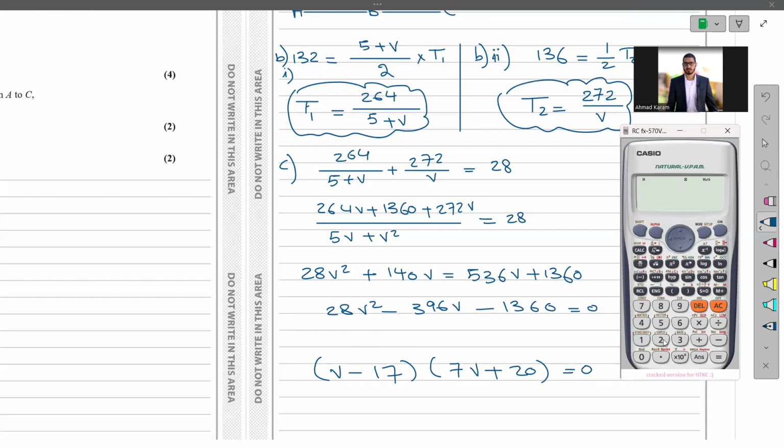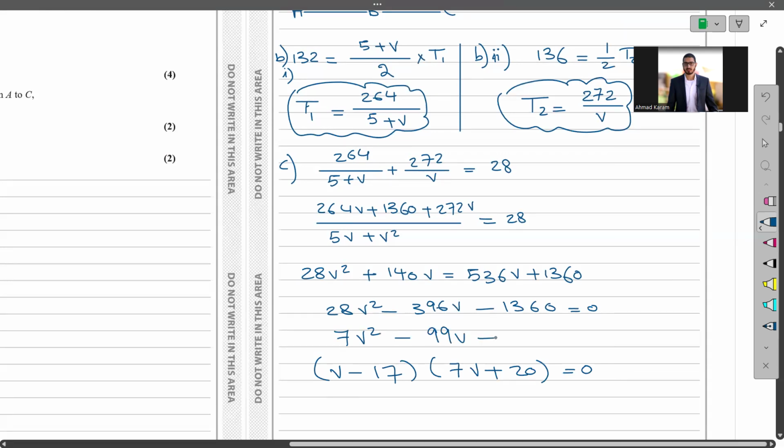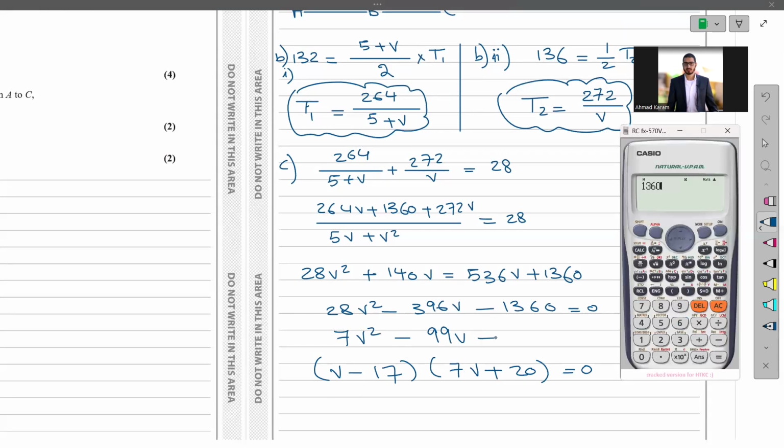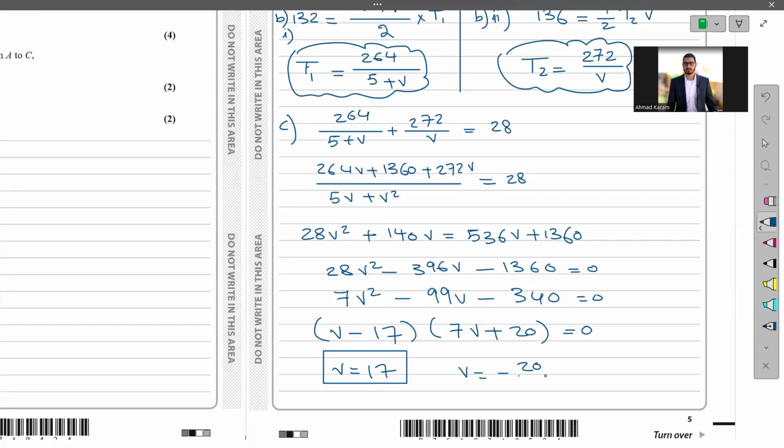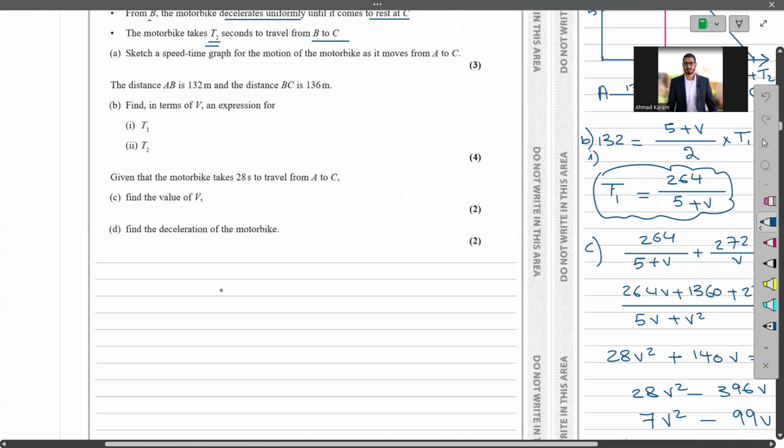Divided by 4: 28 divided by 4 is 7V squared, 396 divided by 4 is 99V, and 1360 divided by 4 is 340. So V equals 17 and V equals negative 20 over 7, which is rejected. Okay, so we have the value of V is 17.